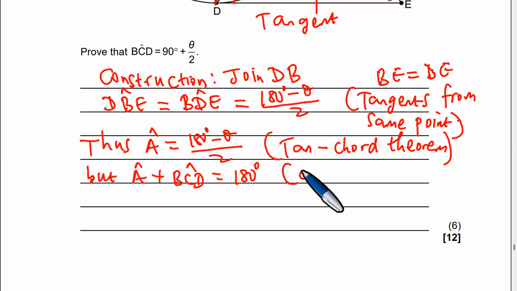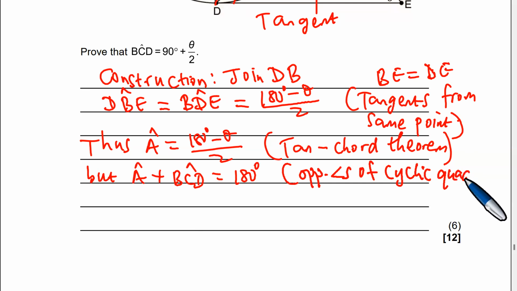Because these two here are opposite angles of a cyclic quadrilateral, and the opposite angles of a cyclic quadrilateral are supplementary, meaning their sum is 180 degrees. We already have angle A, so we substitute everything here.